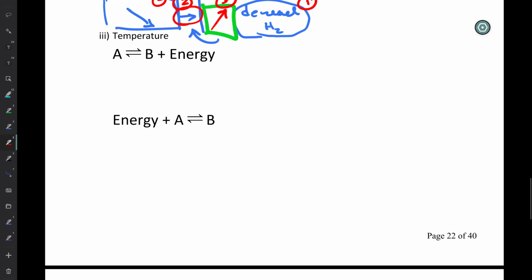So when we say a reaction is exothermic, let me write that in blue, exothermic, what we're saying is that the reaction produces heat or releases heat.